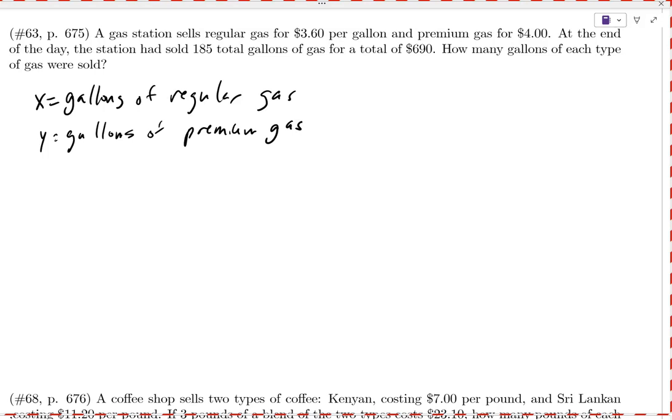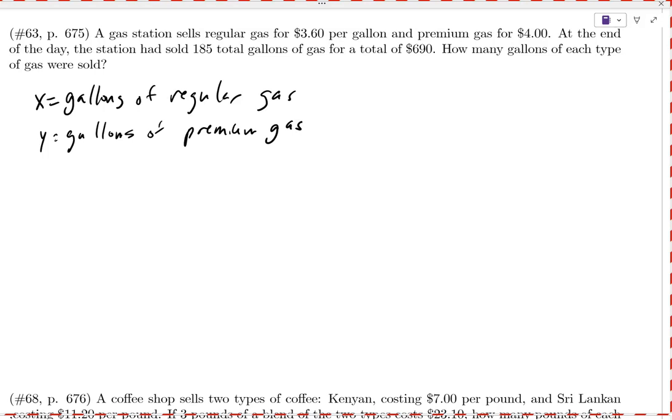Anytime we try to solve a linear system and we want to find exactly one solution, we better have as many equations as we have unknowns. We're looking for two variables, so we better get two equations. There better be enough information in the problem to get two equations out of it.